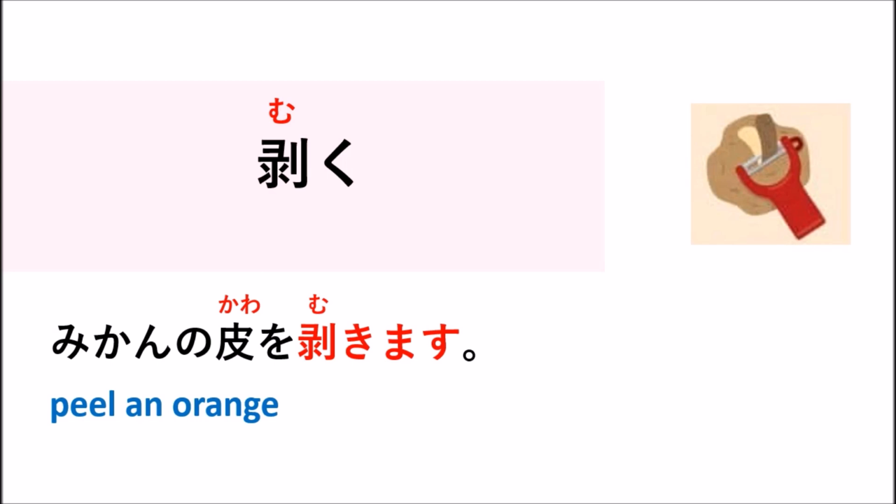So mikan no kawa means the skin of the orange. Before you eat the orange, you should peel the skin of the orange. In a case like this, we use muku or mukimasu.